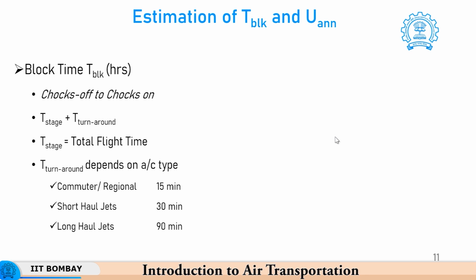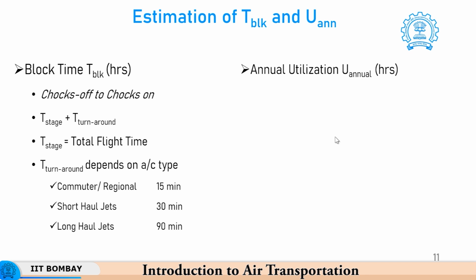So, you may have to wait for the brakes to reach a reasonably low temperature for them to be operational again. There are many reasons which affect turnaround time, and we will look at the turnaround time for short haul jets and see how it can be reduced and what attempts are made by airlines. Some very interesting attempts are made by airlines to reduce the turnaround time.